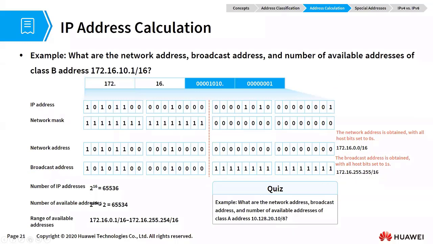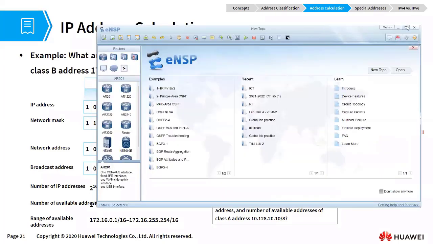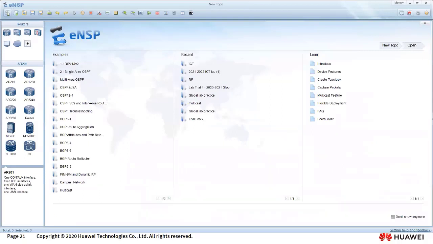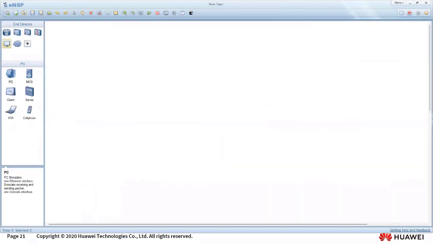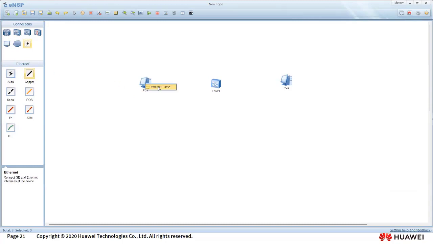Anyone lost? Anyone with a question so far? Let me do this for you. I'm going to get PC1 right here and PC2 right here. And I'm going to get a switch in the middle. And I'm going to connect these two using copper cables.